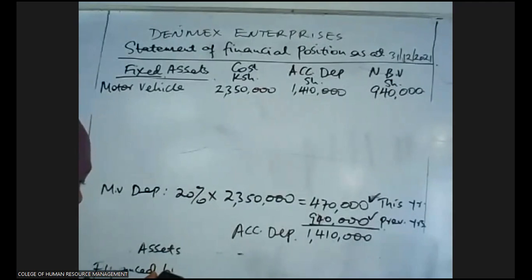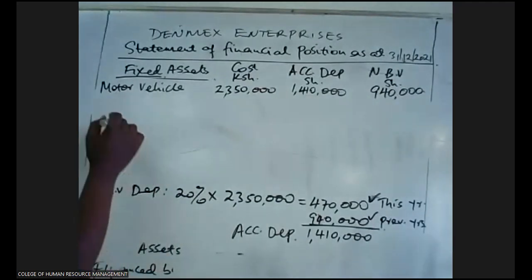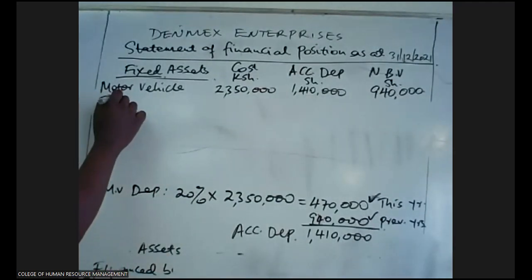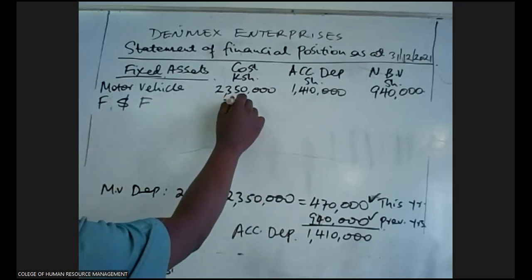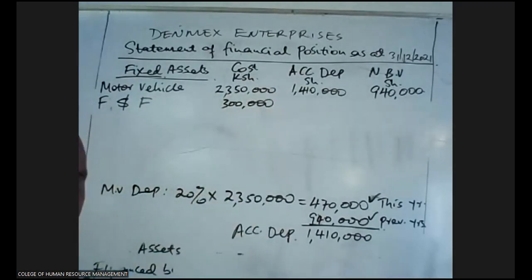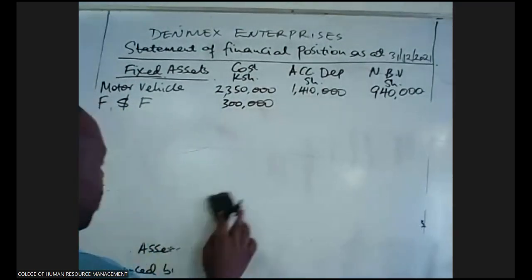Which other fixed asset is provided here? We have furniture and fittings, F and F. They were acquired at a cost of 300,000. And how much have they lost? We go to the additional information first.